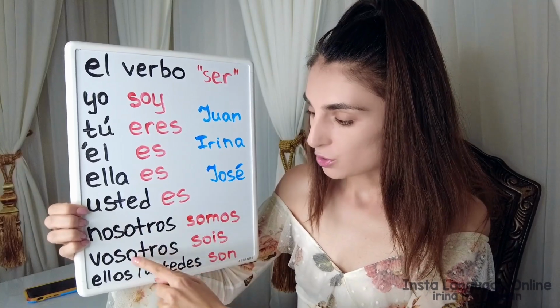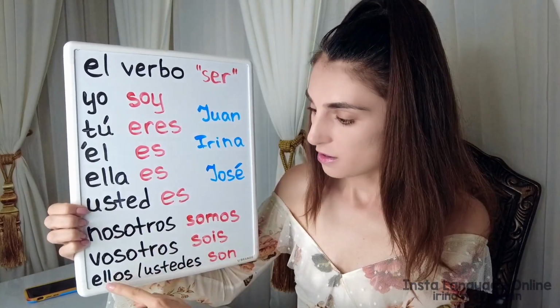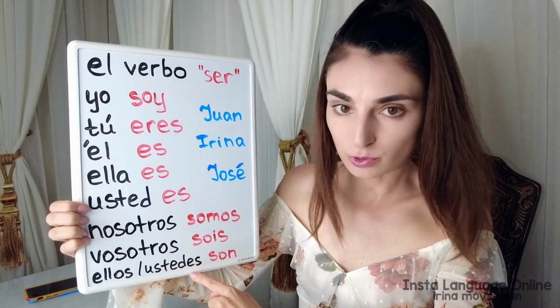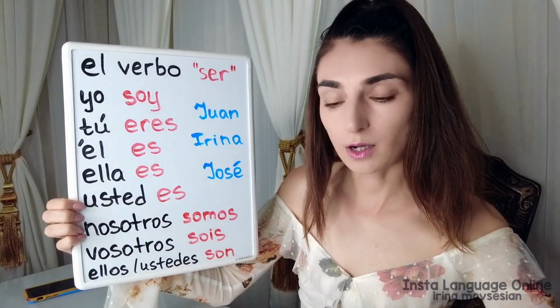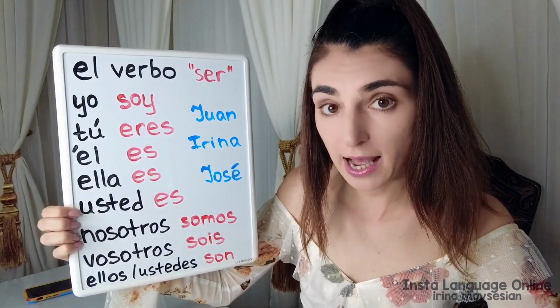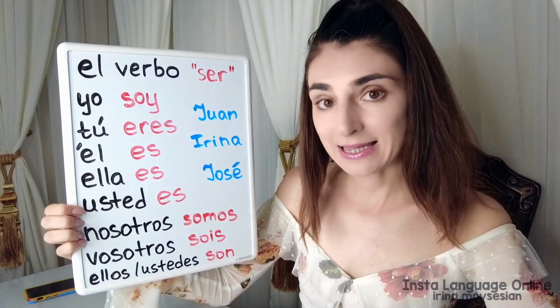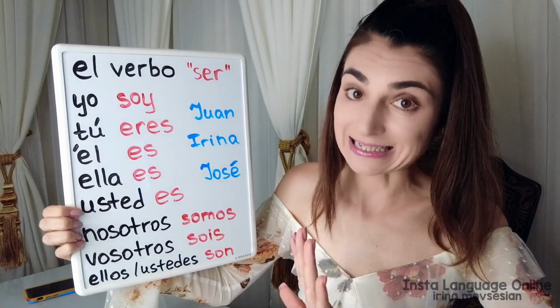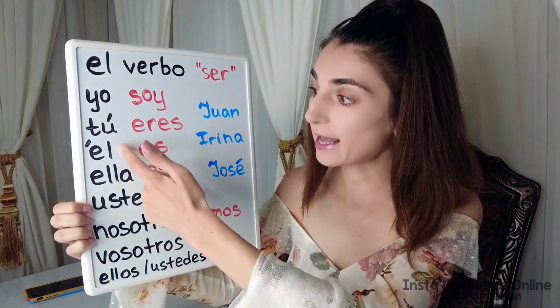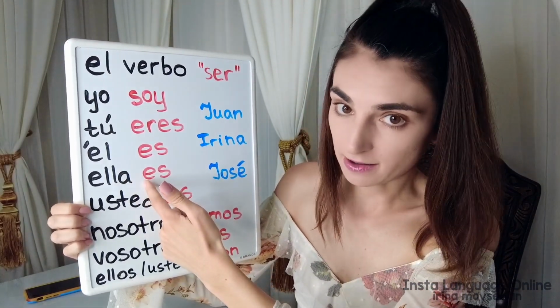We are, you are, plural. They are and you are, plural, polite. I want to remind you that we do not have a neutral form like it in the English language. There is no it. We only have él or ella.